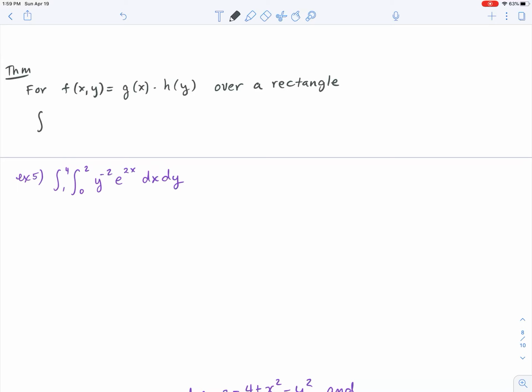And the theorem says that if you have the integral a to b, integral c to d of g of x times h of y, and this would be dy dx, that's the same as the integral from a to b of g of x dx times the integral from c to d of h of y dy.